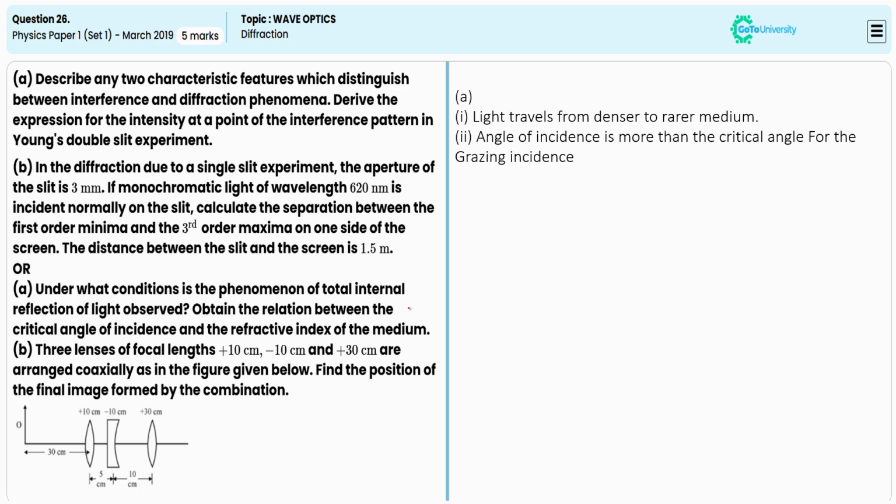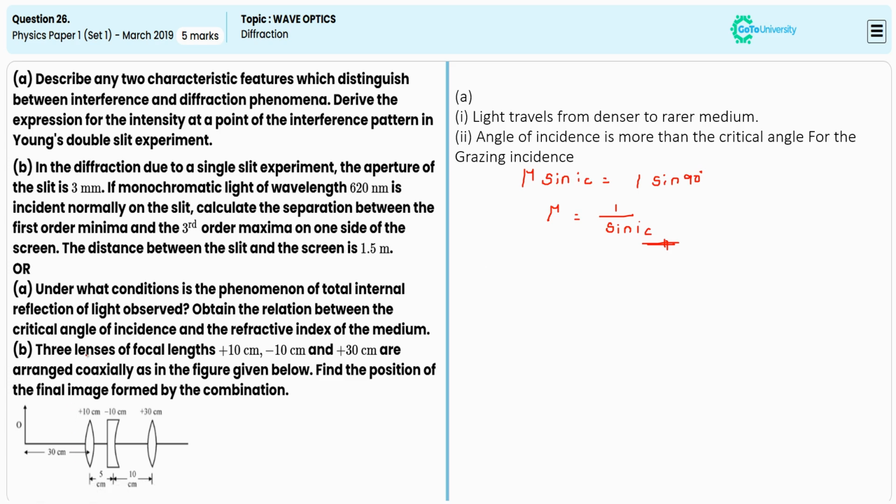For grazing incidence, we can write it as mu sin iC is equal to 1 sine of 90 degrees. Then mu is equal to 1 divided by sine of iC.